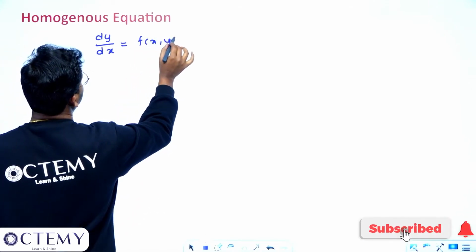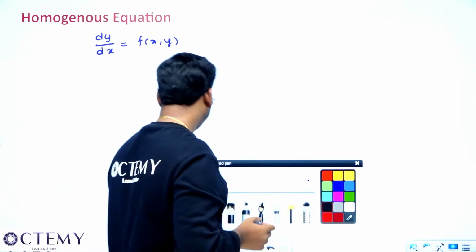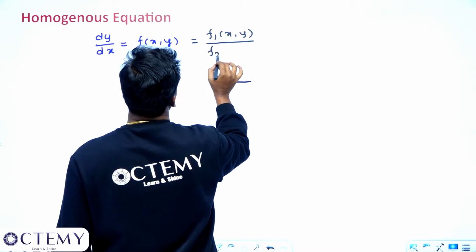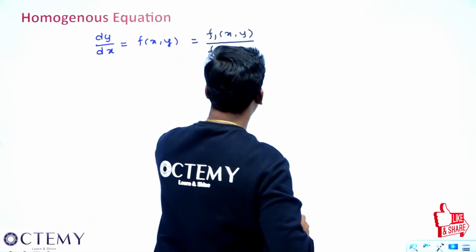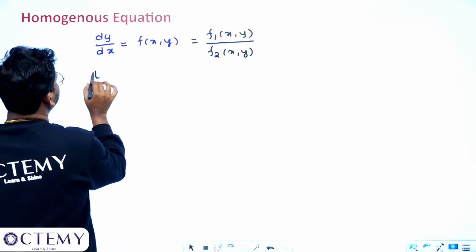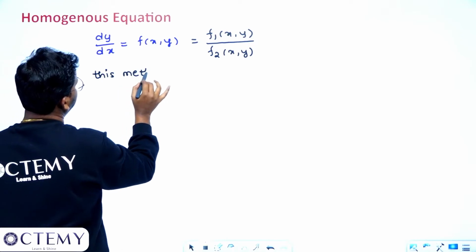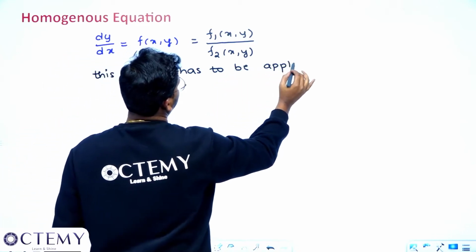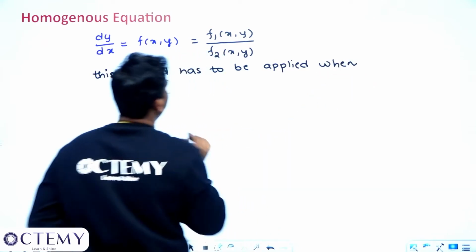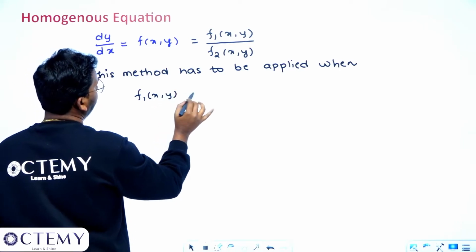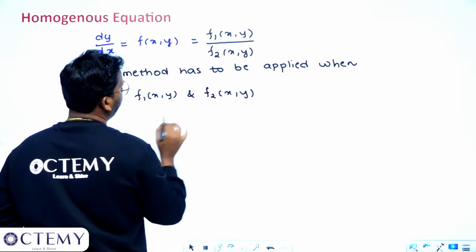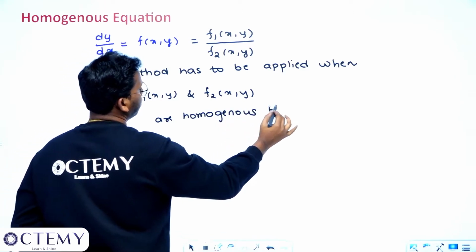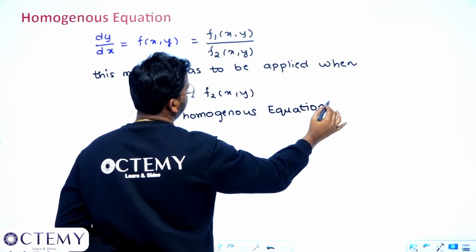Now, in this specific method, this f of x comma y will be f1 of x comma y divided by f2 of x comma y, and this method has to be applied when f1 of x comma y and f2 of x comma y are homogeneous equations of same degree.